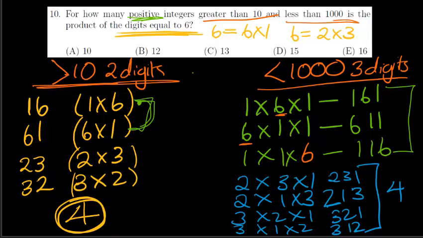So now I've got 2, 2, 3, 3 in the front, right? But what I don't have is the 1 in the front. I have 1 in the second and the third. What if we put the 1 in the first place? So I can say 1 times 2 times 3, and I can say 1 times 3 times 2. So now I've got all 3 digits in the first place.